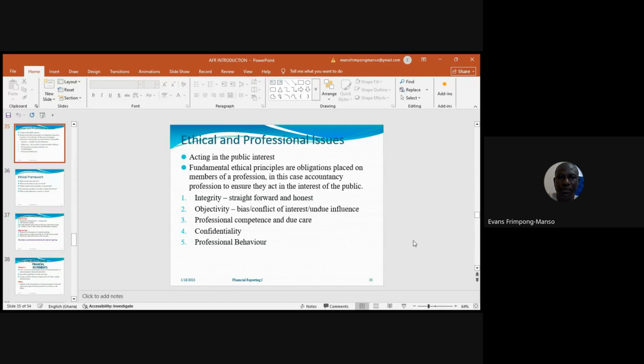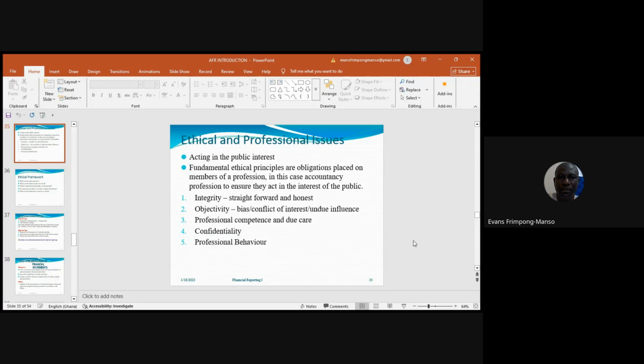And in the preparation of the financial statement, the accountants need to exercise due care. Due care means that if they use information that misleads the users, who rely on that information to make decisions, and later on it is detected that such information is false, the accountant can be held civilly and criminally liable.